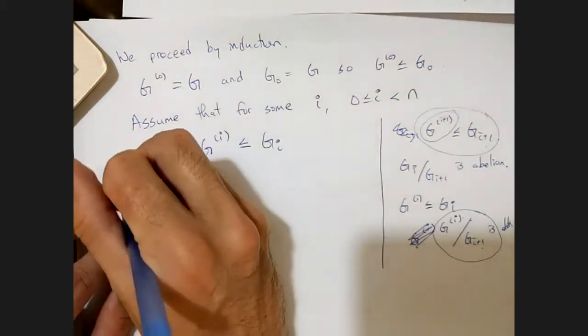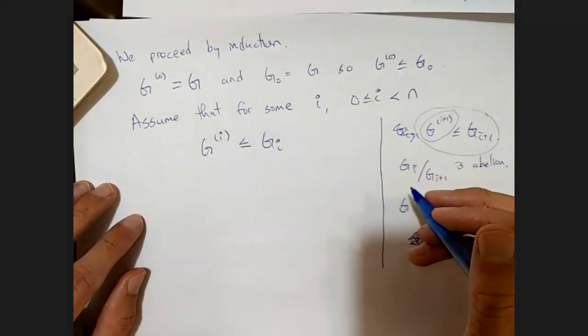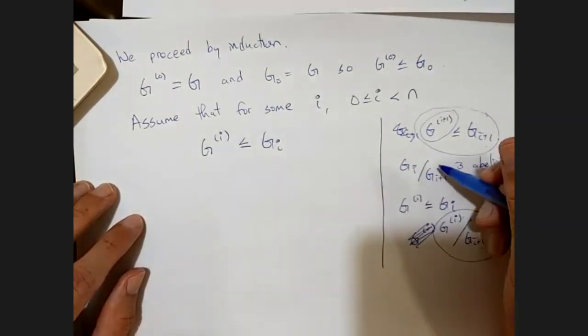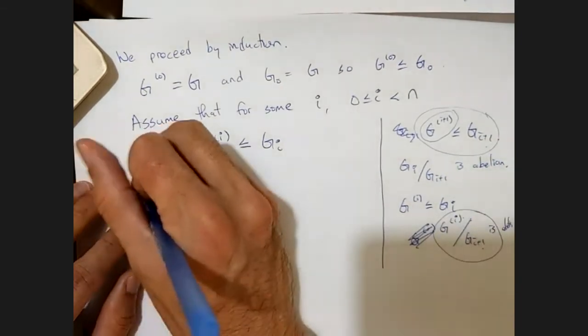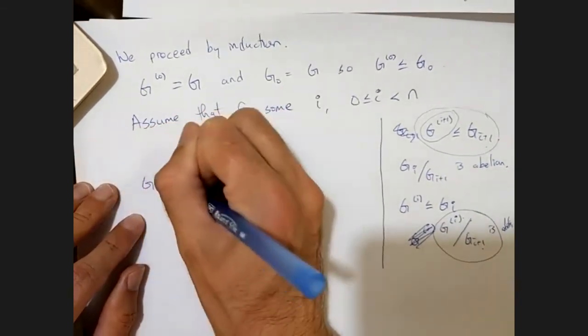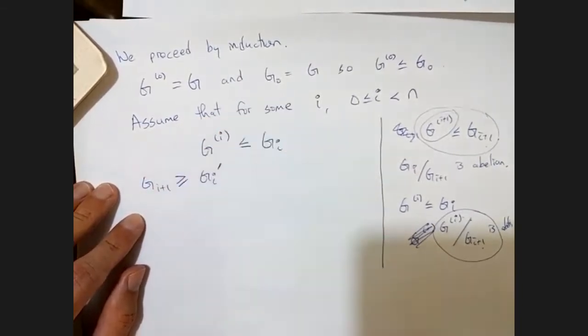Let's try to do some different things. G_i mod G_{i+1} is abelian. That tells us that G_{i+1} actually contains G_i', the commutator of G_i.